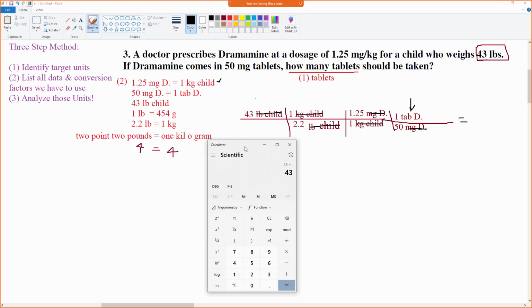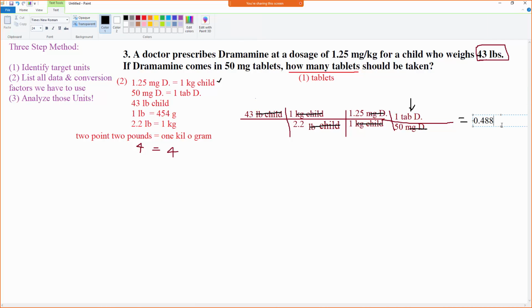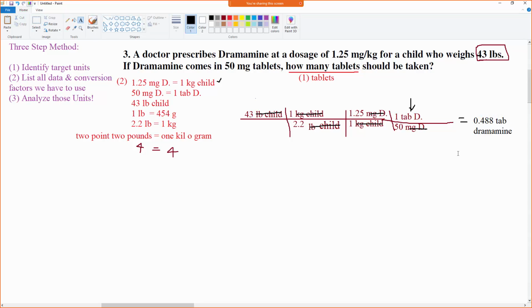43 divided by 2.2 multiplied by 1.25 divided by 50, and I get 0.488. What am I supposed to tell that parent? Take a half tablet.